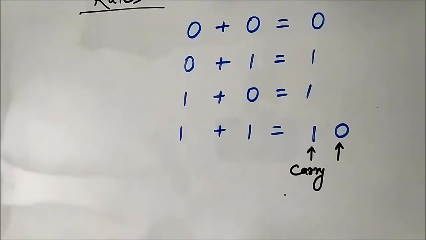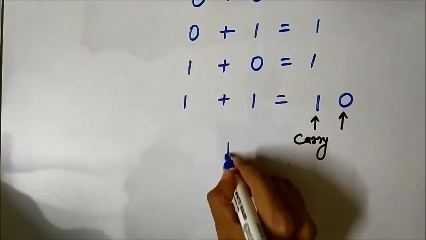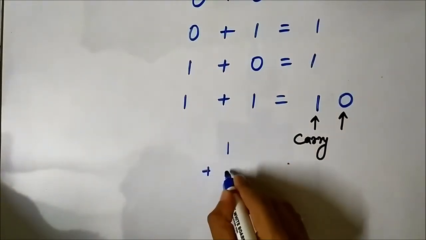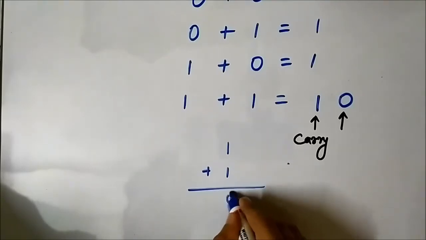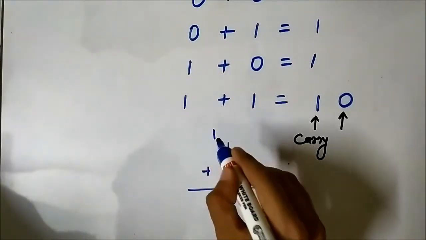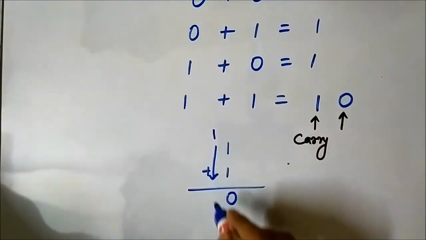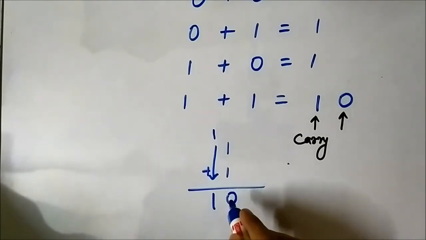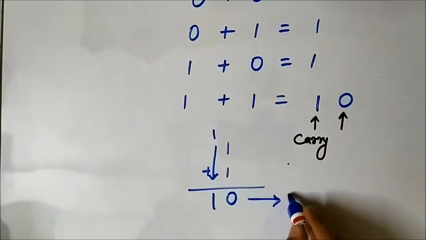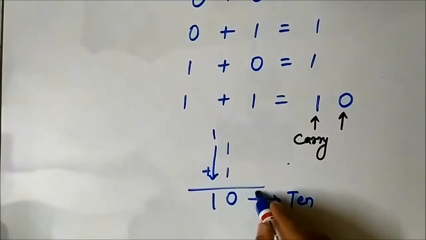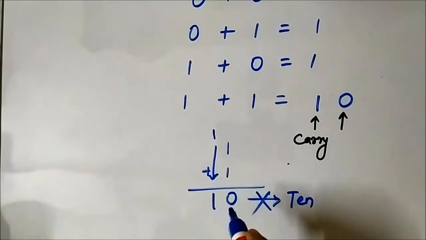What I am trying to say is that suppose we are adding 1 plus 1, then the result will be 0, but a carry of 1 will be generated, which will come down and the outcome will be 1 0. This is not ten, this is 1 and 0.